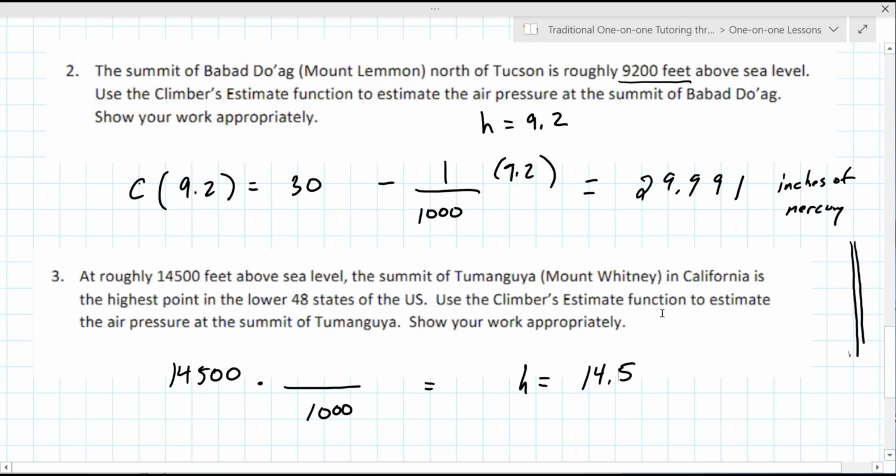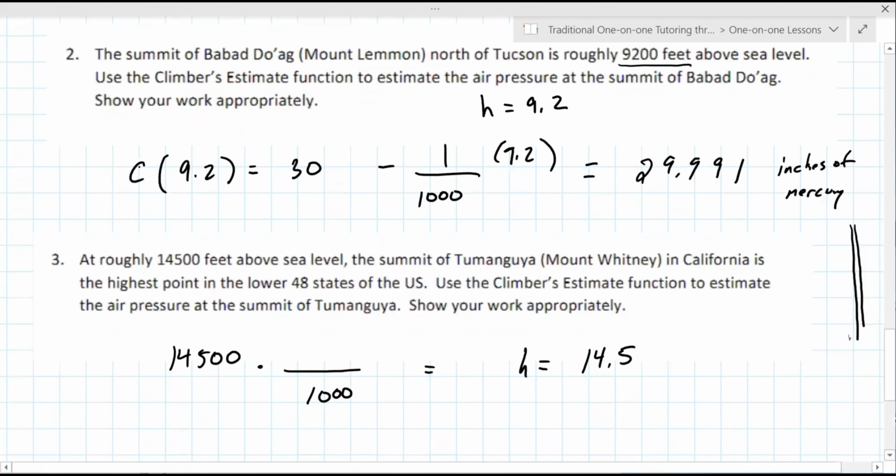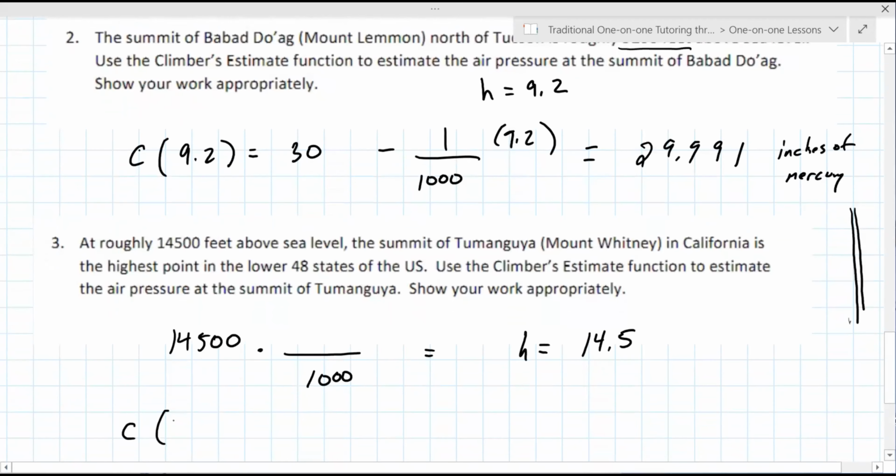All right. And that doesn't seem like it's going to be a great thing here. Let me look at that also. I'm still not convinced. All right, so the way this works is it's C of 14.5, which really isn't that different.